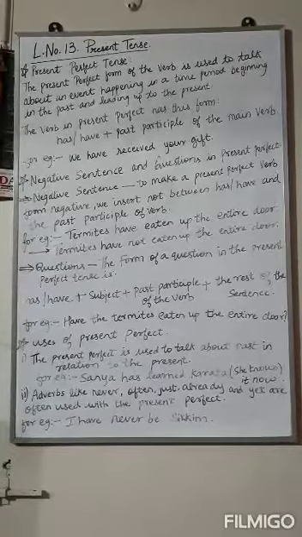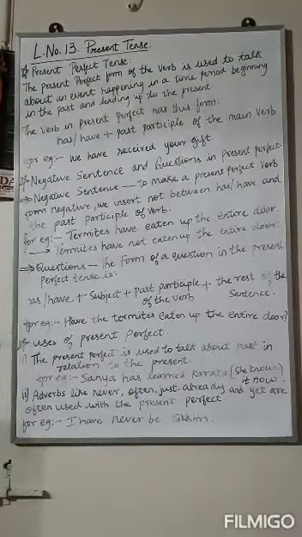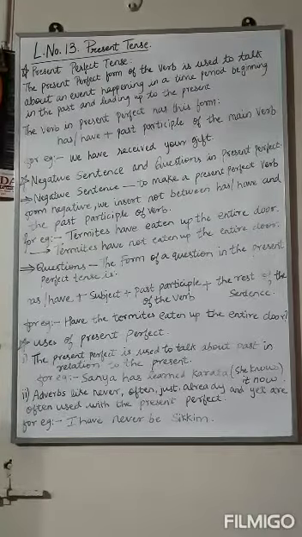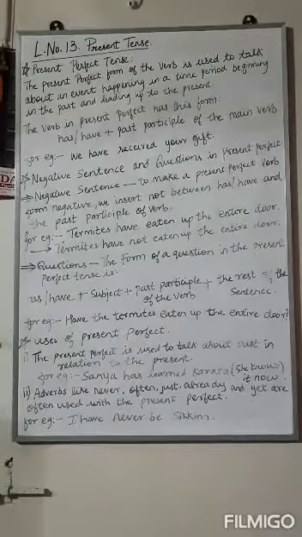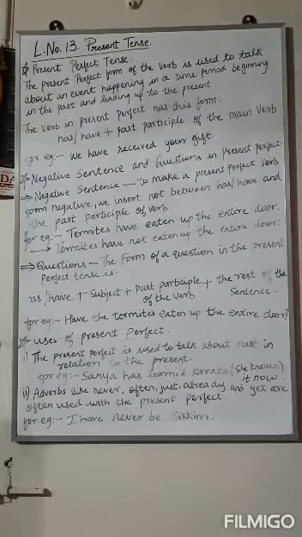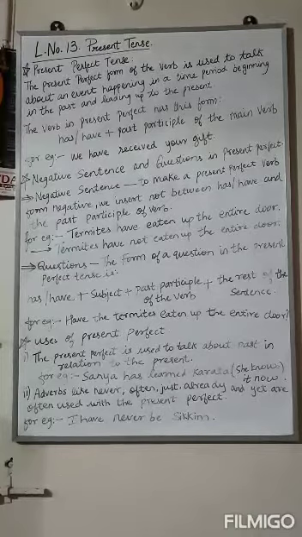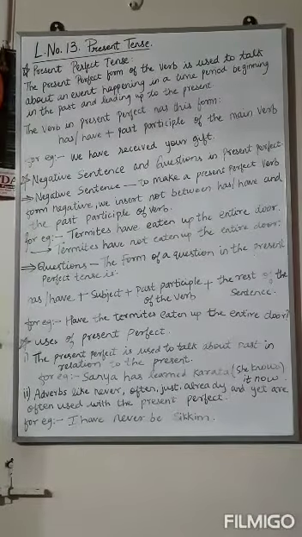For example, we have received our gift. So in place of has, have is written, plus the past participle of the main verb, that is received. The present perfect is referred to as past with present relevance.